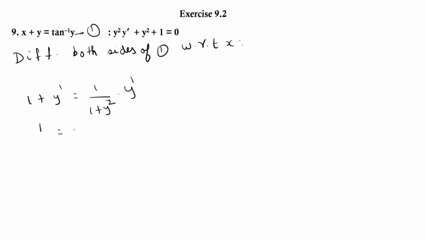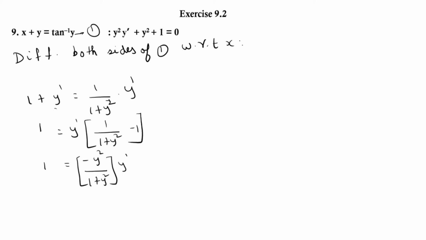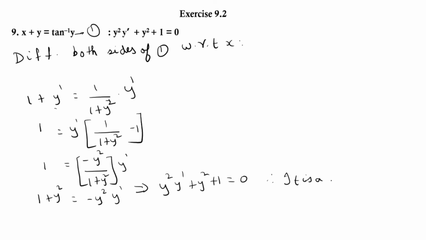So we have 1 is equal to y' into 1 by (1 plus y square) minus 1. I am taking this y' to the other side. So we get 1 is equal to minus y square by (1 plus y square) into y'. So we have 1 plus y square is equal to minus y square y', or y square y' plus y square plus 1 is equal to 0. So therefore it is a solution.